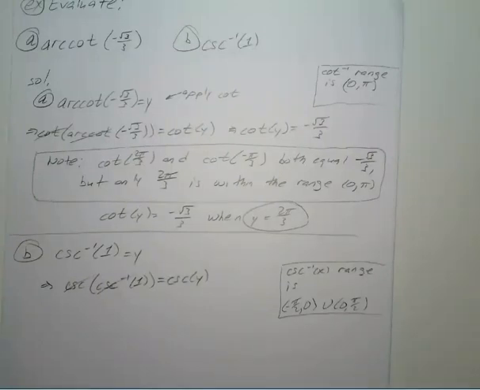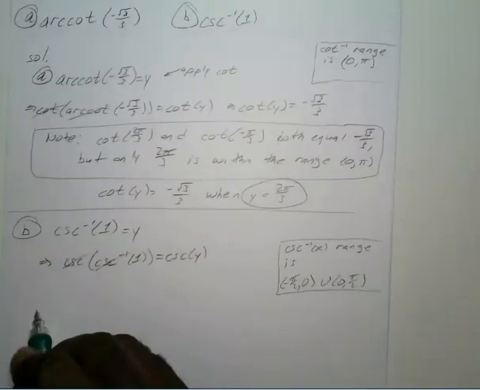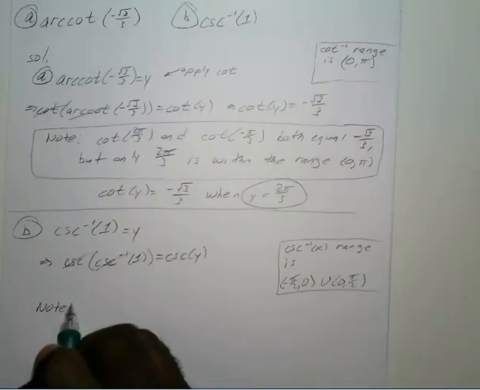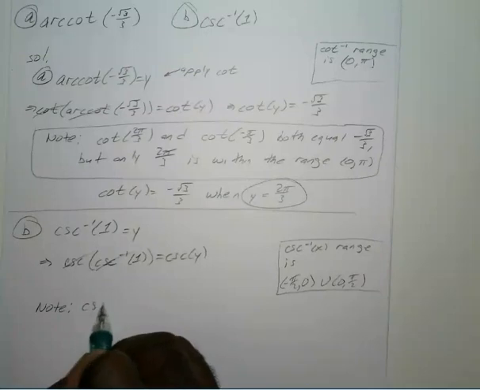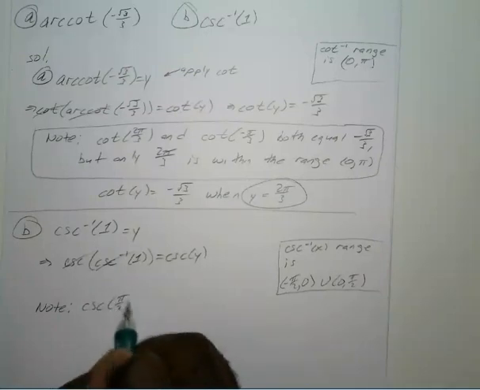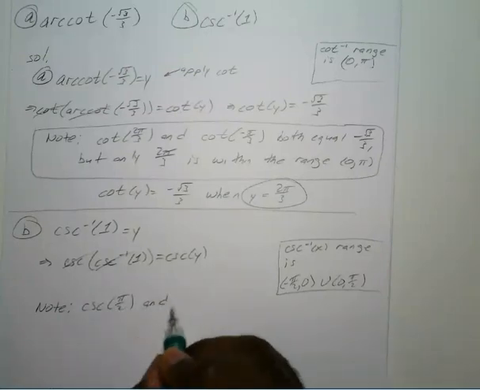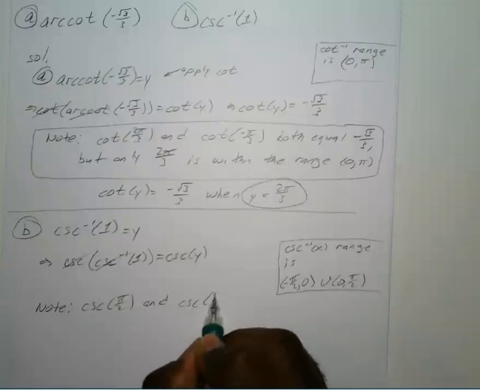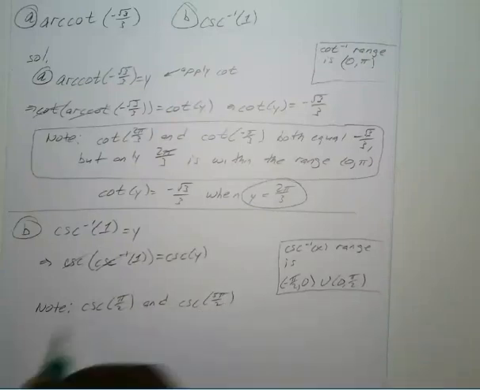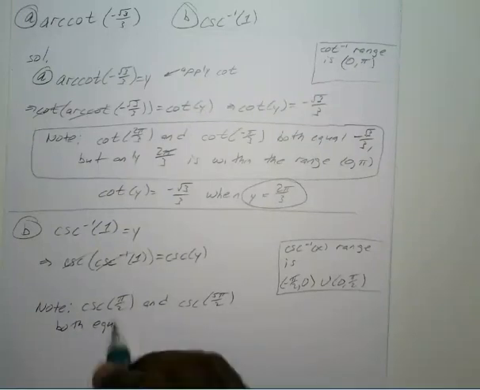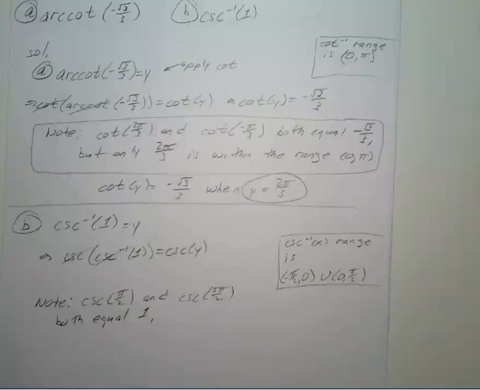We do have to note that cosecant of pi over 2 and cosecant of 5 pi over 2 both equal 1. But as you probably guessed, only one of them falls within the range.